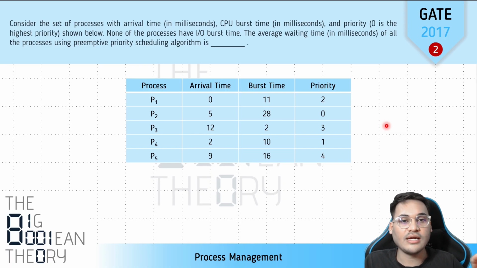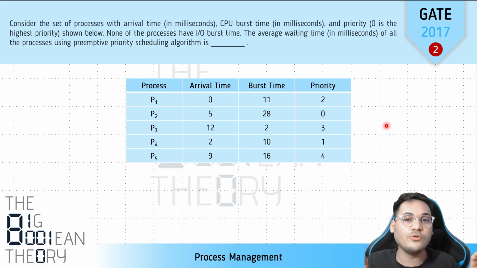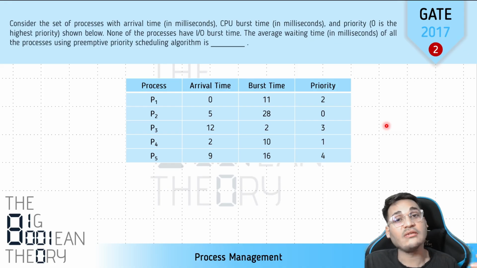That is the waiting time. But since we are not concerned about IO devices, let's just say that when the process is not executing on the CPU, it is ready. It is just waiting for the CPU, and that is what the waiting time constitutes. So there are two main parts of the overall life of a process: the burst time, where it is executing on the CPU, and the waiting time, where it is waiting for the CPU to be assigned to it.